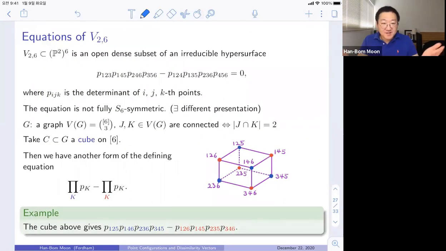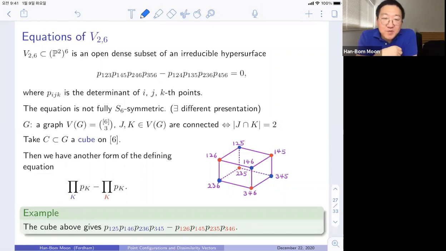So let's start from the simplest non-trivial case, the equation of V_{2,6}. V_{2,6} is the subvariety of P^{2,6} which parameterizes an open dense subset of the configurations of 6 points lying on a smooth conic. It is a very classical result from the 19th century that this subset is an open dense subset of an irreducible hypersurface defined by this polynomial.